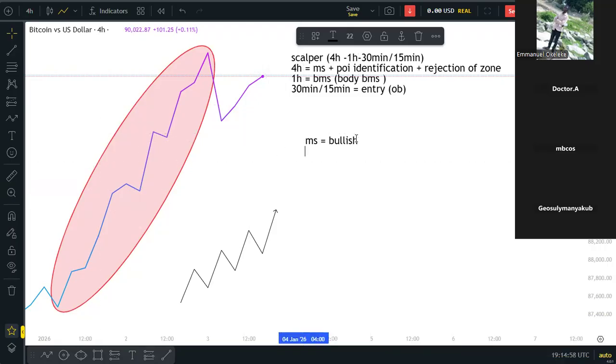If your market structure is bullish, the next thing you ask yourself is, what POI are you looking for? The first POI you look for in a bullish market is a support zone.